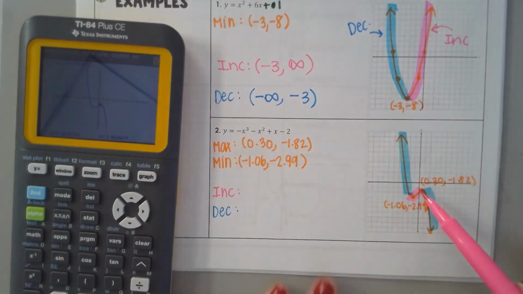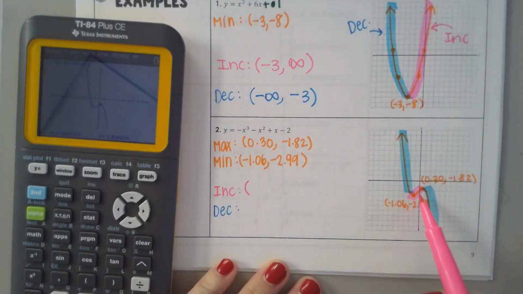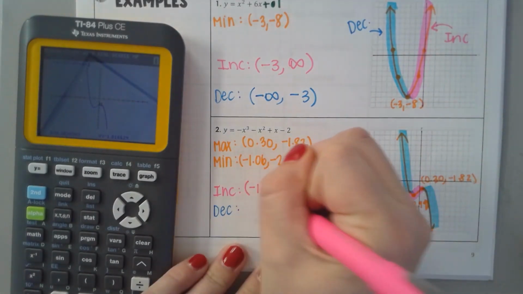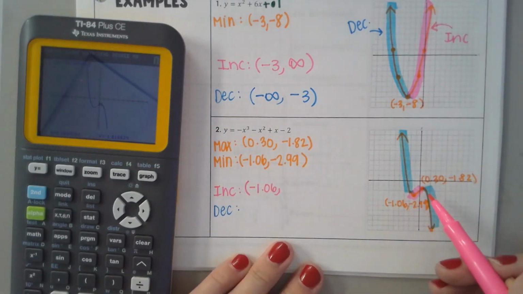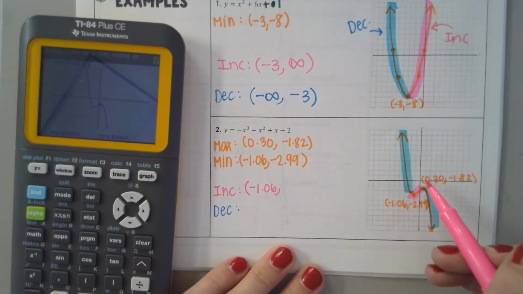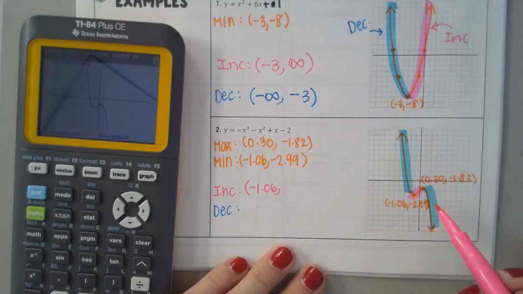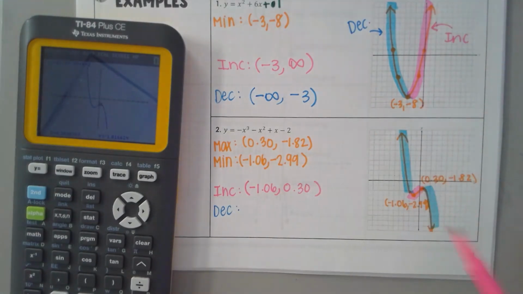I have one interval where it's increasing. So where does it start increasing? Negative 1.06, and where does it stop increasing? 0.30. So this increasing starts at the minimum and ends at the maximum.